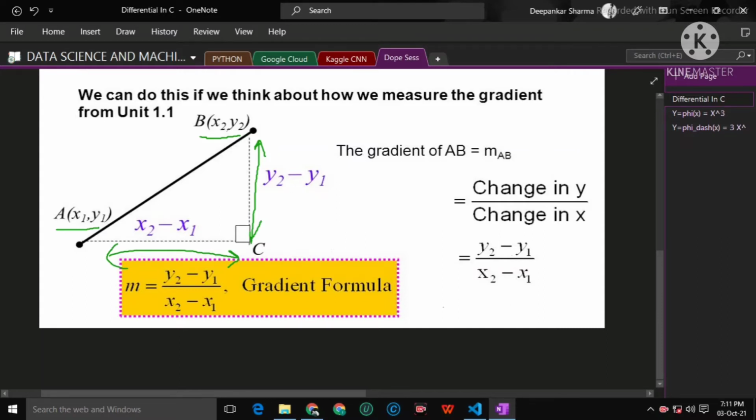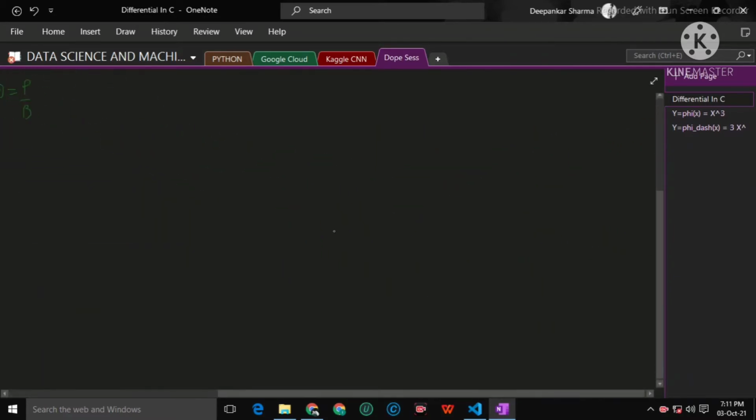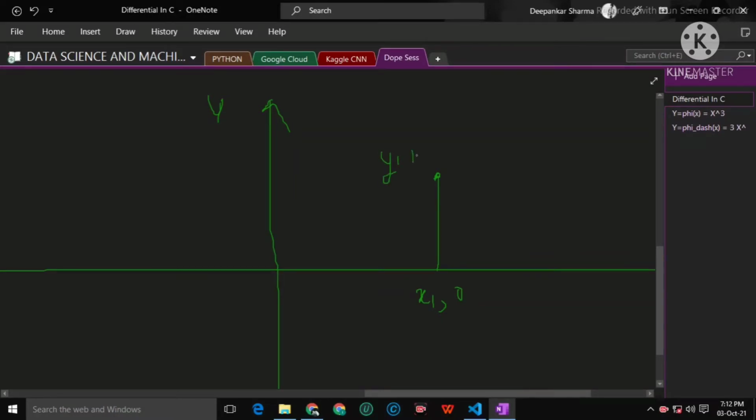What this means, if we plot a graph, so I'm going to plot a graph. This is the x-axis and this is the y-axis. This is x, this is y, and we have a point here. We are taking x1 and 0, so this will be y1 x1, or you can write it otherwise.